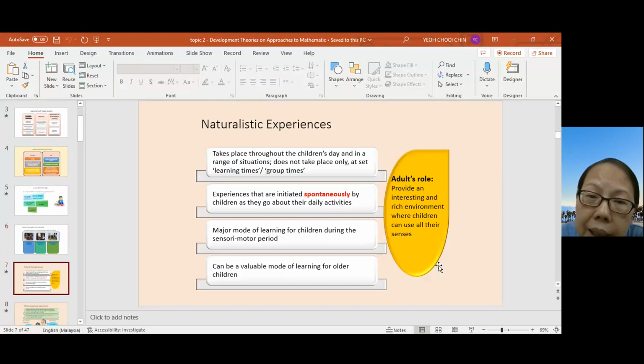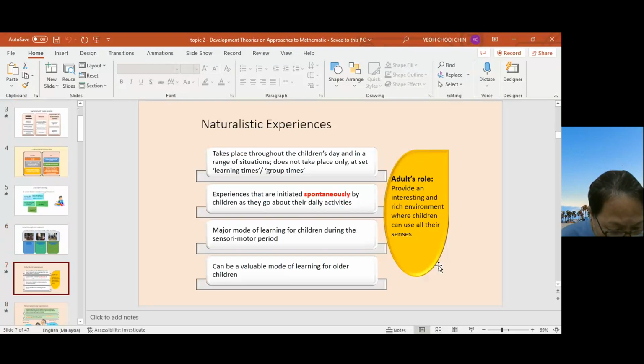So naturalistic experience takes place through the children's day and in a range of situations. It does not take place only at set learning times. It is just any time of the day where they have time to learn.